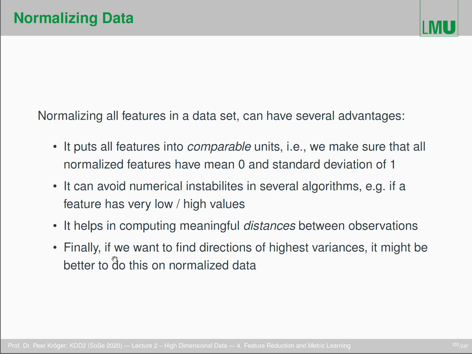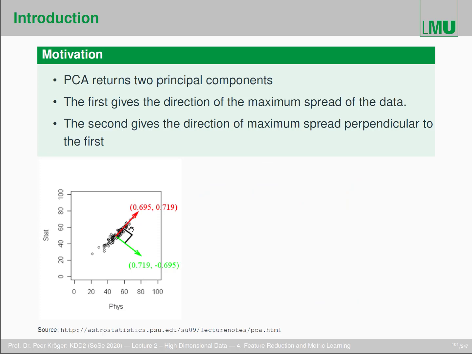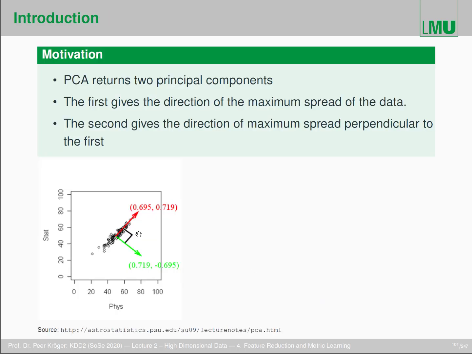And finally, if we want to find directions of highest variance, which is somehow our goal, keep that in mind, then it might be better to do this on normalized data, so that all of the features that contribute to those correlations are somehow comparable.